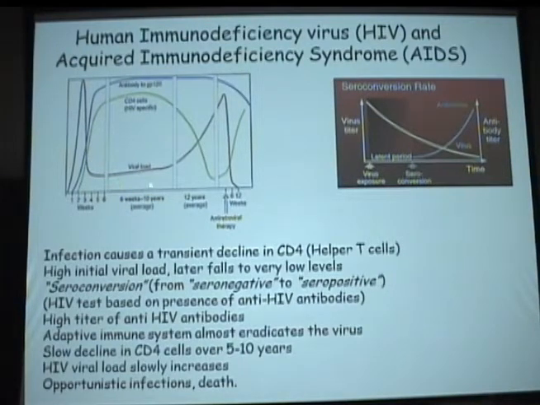And then over a period of years, sometimes 12 years, we get this gradual loss of the T helper cells. We remember now that the virus targets T helper cells, which are also called CD4 cells. The adhesin actually binds to that receptor, the CD4 receptor. So these cells are the target, and they eventually become depleted.